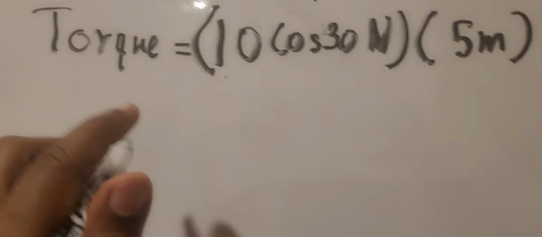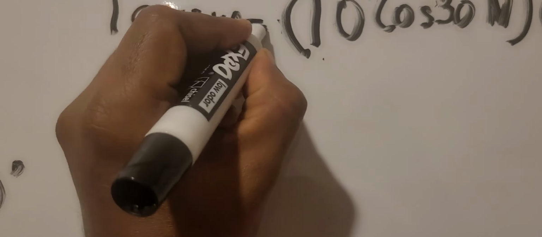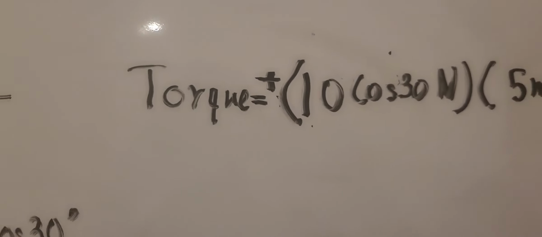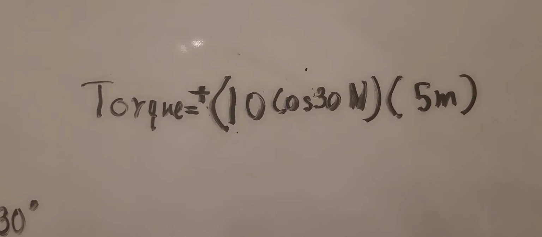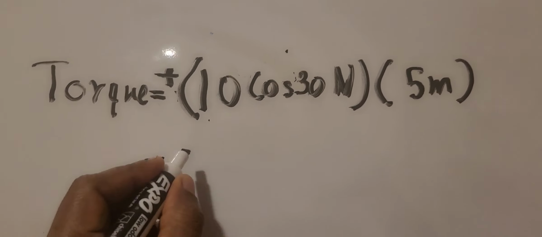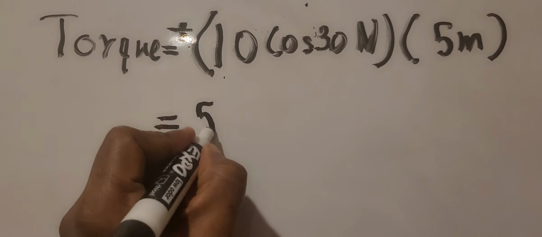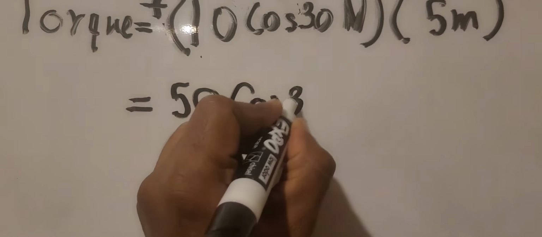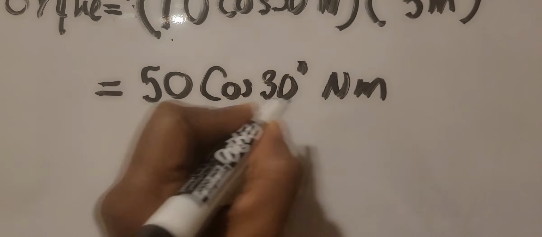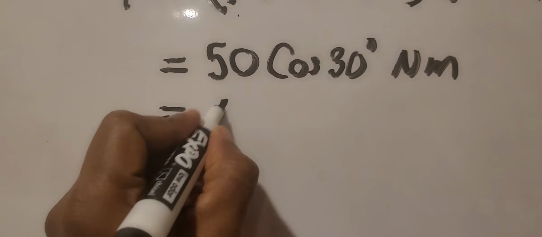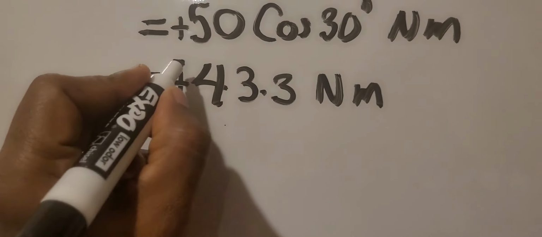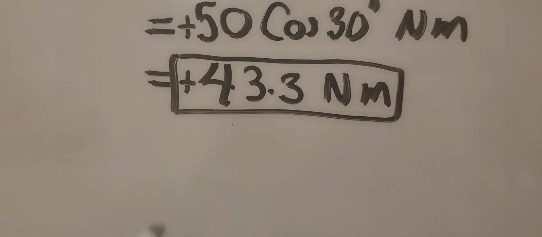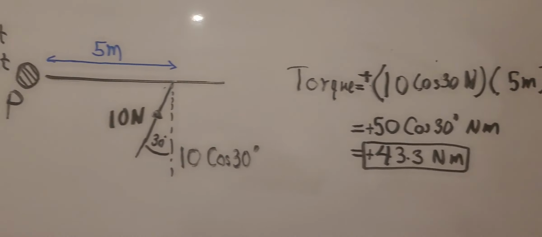And this is a positive value, because it's going to introduce a counterclockwise torque. So when you solve, that is 50 cosine 30 degrees Newton meters. Substituting for cosine 30, it's positive 43.3 Newton meters. That's the answer.